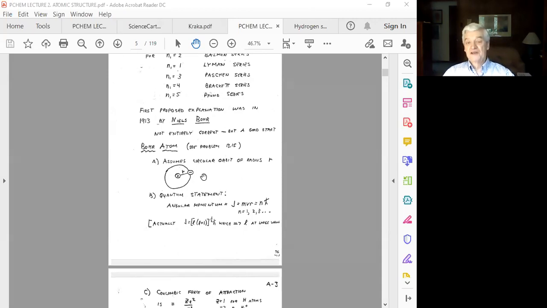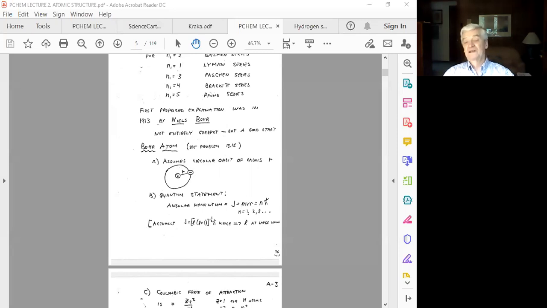Okay, so Bohr says we have an electron going around the positive nucleus at a fixed distance r. And he said, since we're seeing individual frequencies between the different energy levels of hydrogen, we must have quantum states. And he said the angular momentum is quantized.